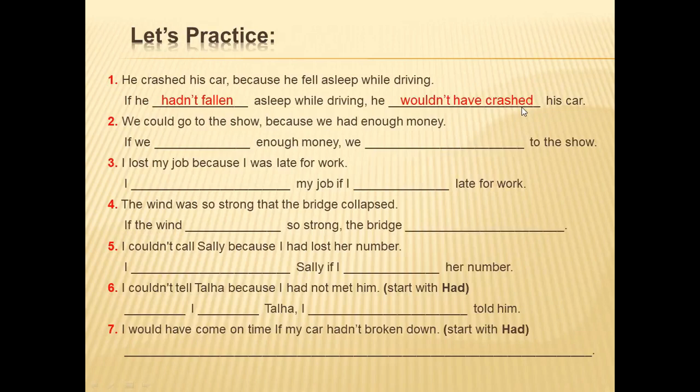One more: we went to the zoo because we had enough money. You can use it as a conditional. If we hadn't had enough money, we could not have gone to the zoo.